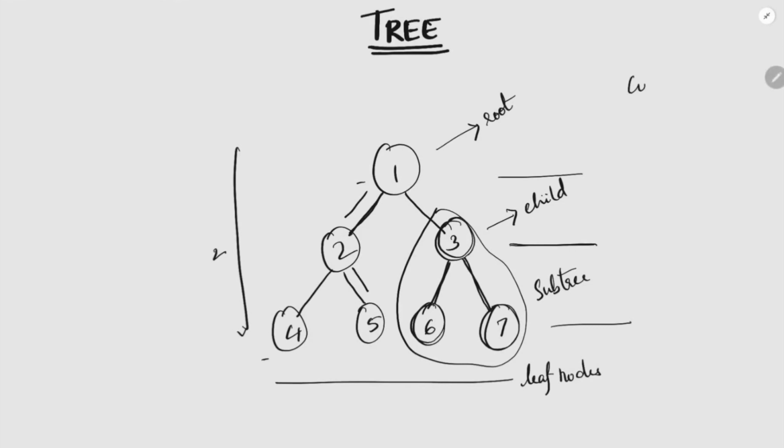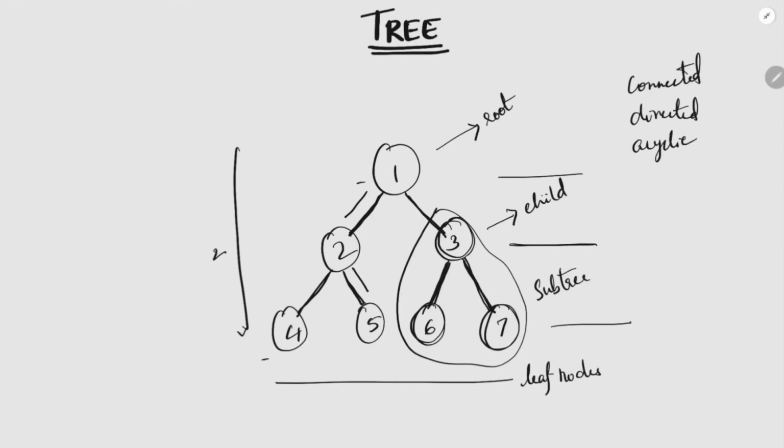So it is connected, all the nodes will always stay connected in a tree, and then it is directed. All the edges that you see in the tree will start from the root and travel all the way across to the leaves, and acyclic.